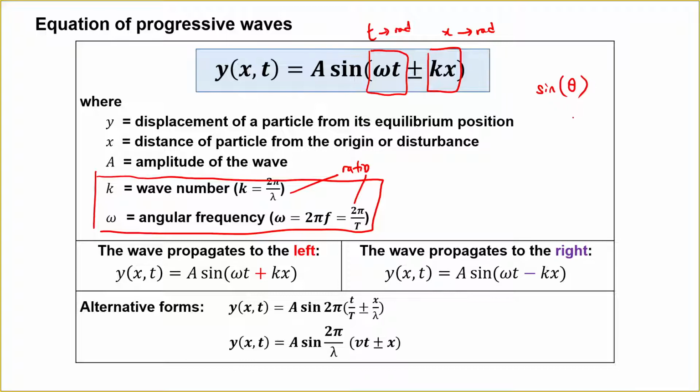Dan ini kita guna radian, kita guna unit radian. Kita bukan guna degree lah, kita guna radian. That's why kita perlu guna apa? Perlu guna 2 pi. I always choose the wrong thing.